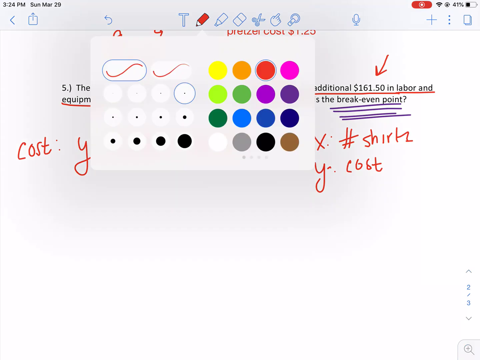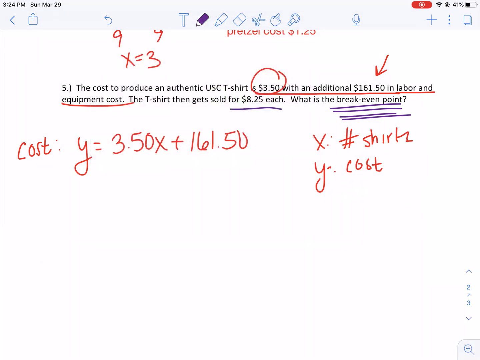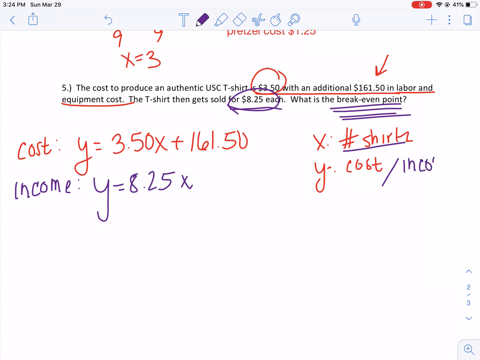Now, I need another equation, but then it's the income. Remember, break-even point is about cost and income. So your income, those shirts are going to get sold for $8.25. So y equals 8.25x. Well, in this case, x is, once again, the number of shirts, but your y value is really your income.